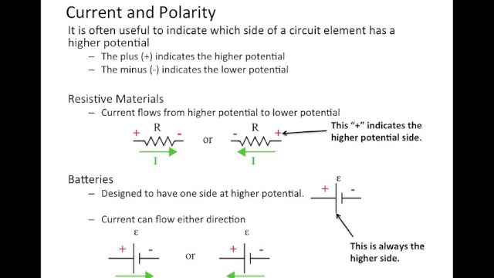So you can have current flowing to the right and the high side on the left, or you can have current going to the left and the high side on the right. The situation will dictate which way it goes, but you can't know just looking at the battery, which is opposite from the resistor, where if you know the current's going to the right, you know the polarity across the resistor. That ends this podcast.